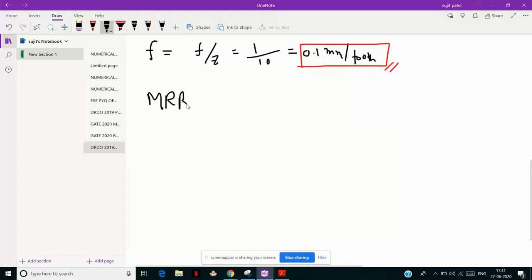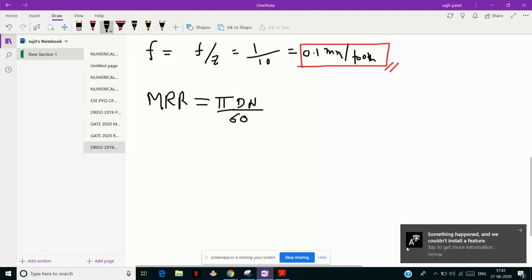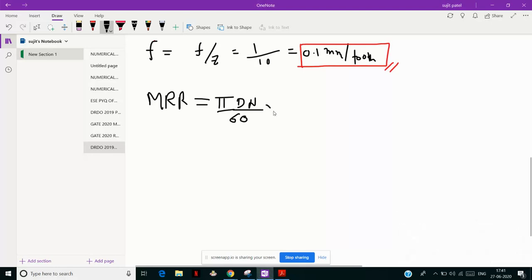MRR for milling is given by, we know the equation, not pi by 4, only pi DN by 60, not 1000, because we have diameter in mm and we want to convert the removal rate to seconds. Linear velocity into feed into depth of cut.